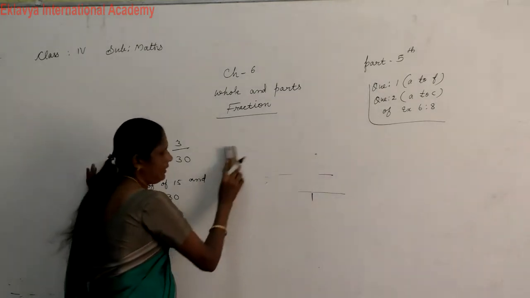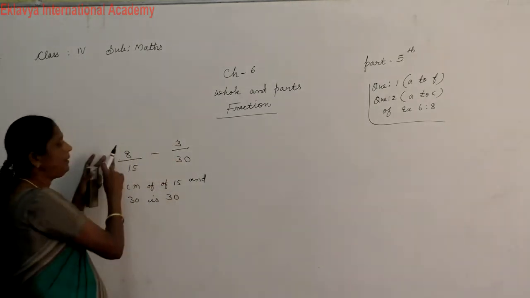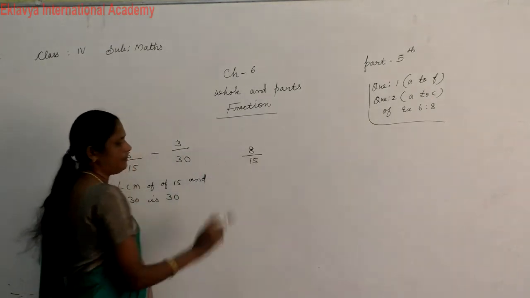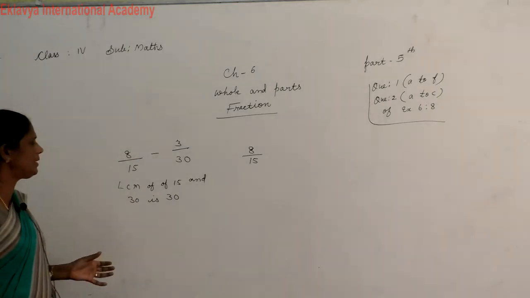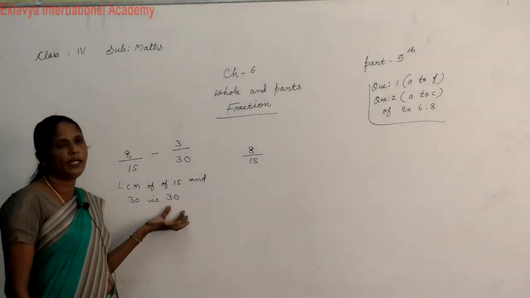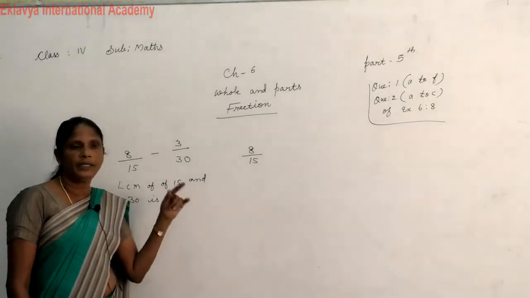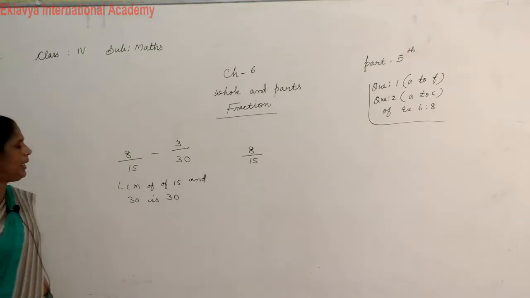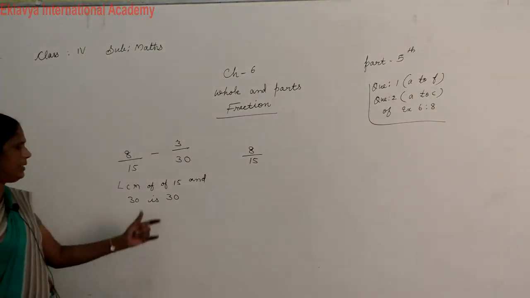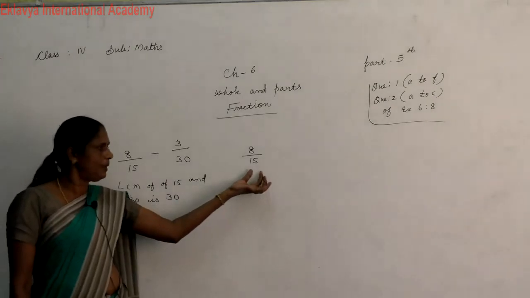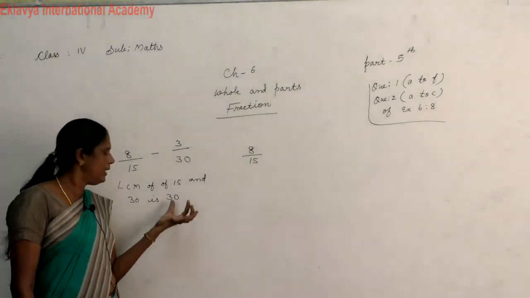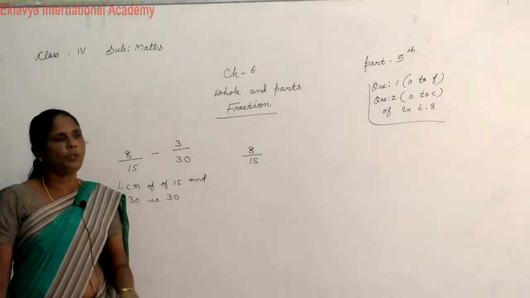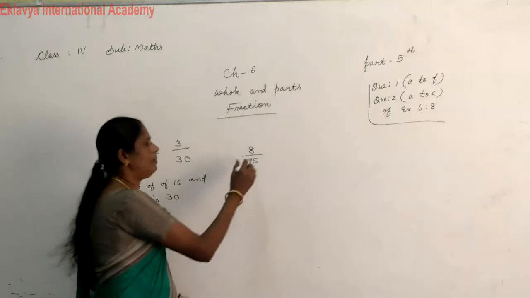Next step, we write this fraction 8 by 15. Listen here: LCM divided by each denominator. The LCM is 30. 30 divided by 15. In the table of 15, how many times does it come? 2 times.